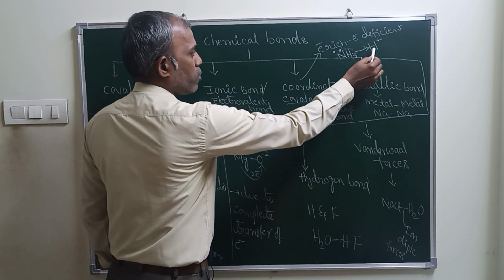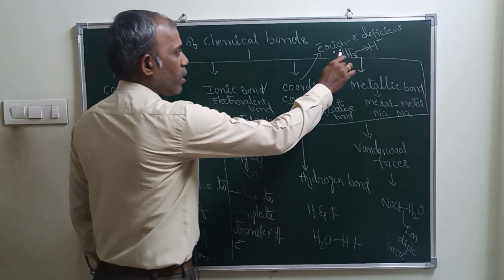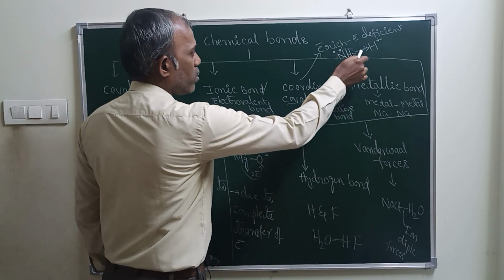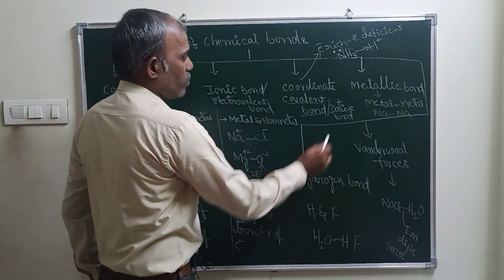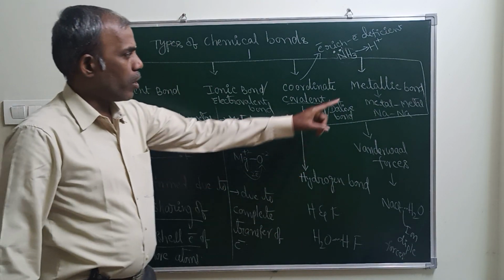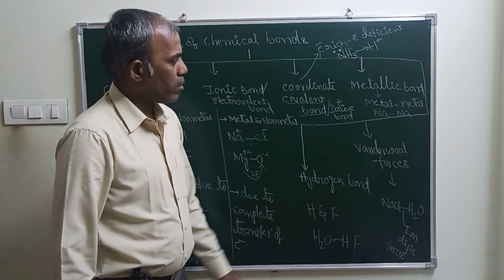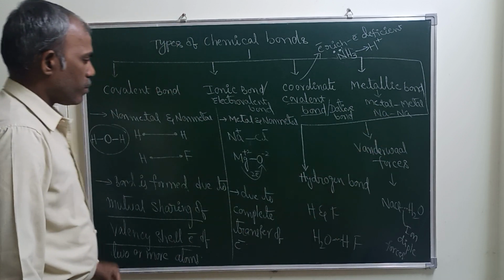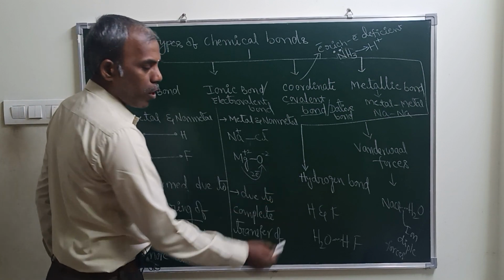H plus is electron deficient and ammonia is electron rich. And the bond between these two is coordinate covalent bond, also known as dative bond. Next one, metallic bond. The bond is formed between metal and metal due to loss of electrons. Example, sodium, sodium.